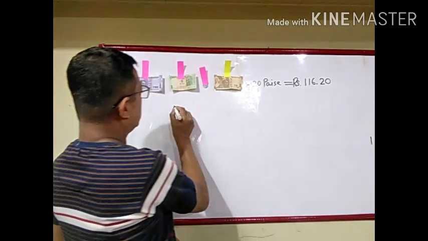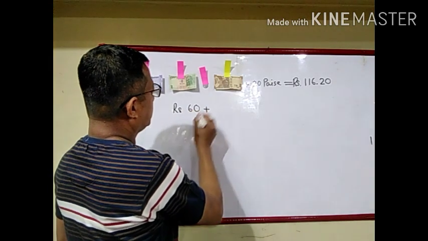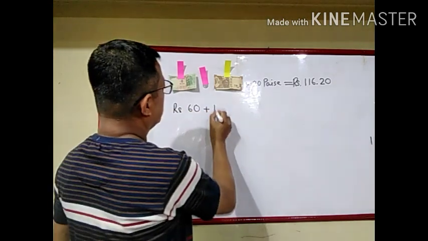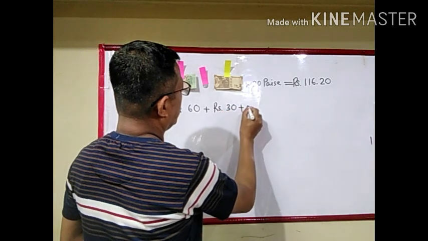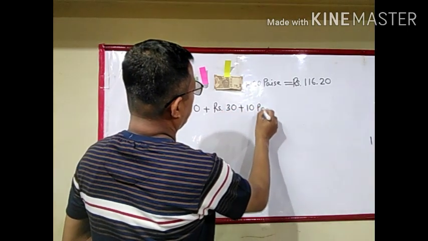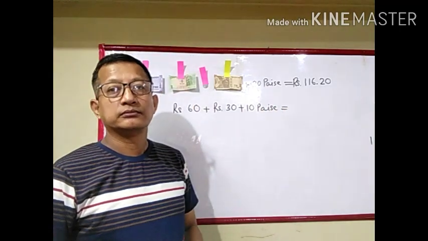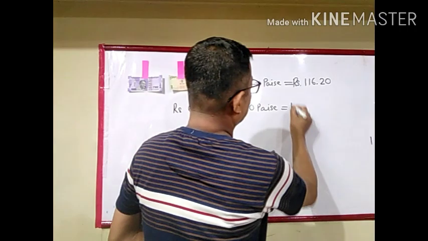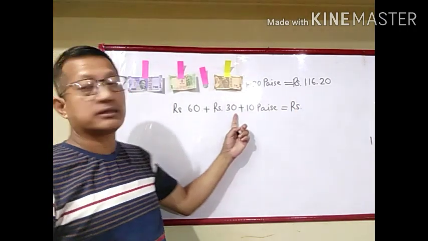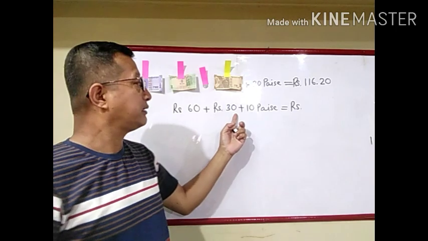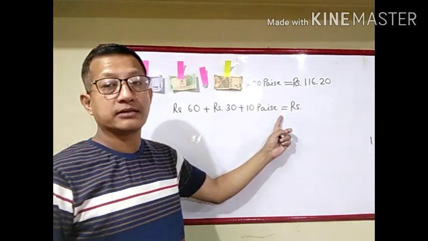One more example, see, again rupees 60 plus rupees 30 plus 10 pies equal to, here same way, rupees 60 plus 30, 90 rupees, and pies is 10 pies only.